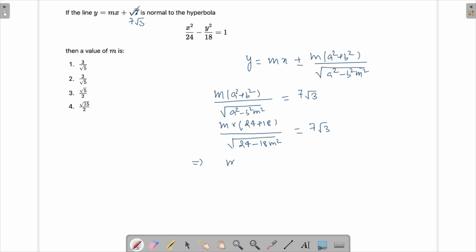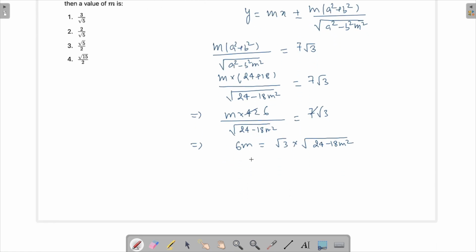So this will become m into 42 upon square root of 24 minus 18 m square, and that is equal to 7 root 3. So 7 sixes are 42. Now this will become 6m equals root 3 into the square root of 24 minus 18 m square.